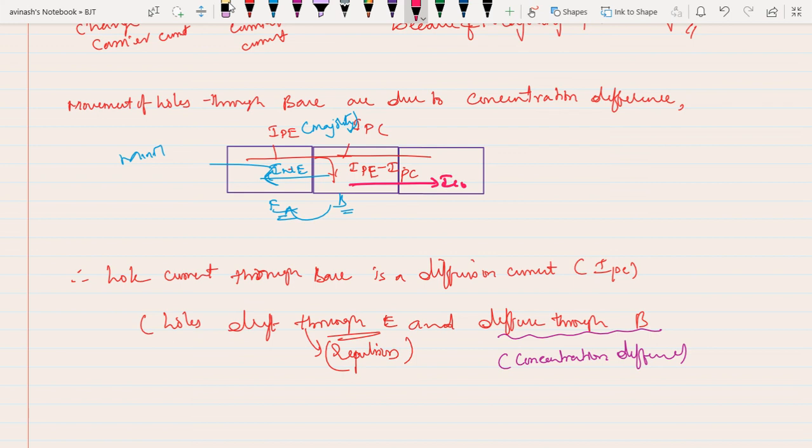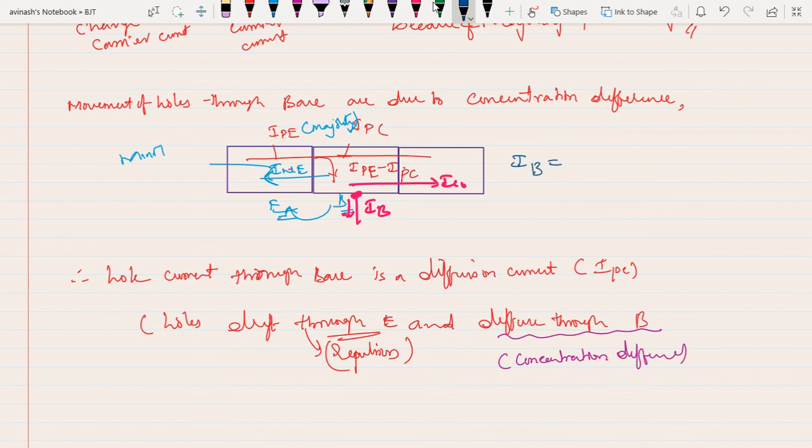So using KCL, this current is nothing but IB. This current is IB. Now if you apply KCL at this base, then what you get? The base current is leaving.